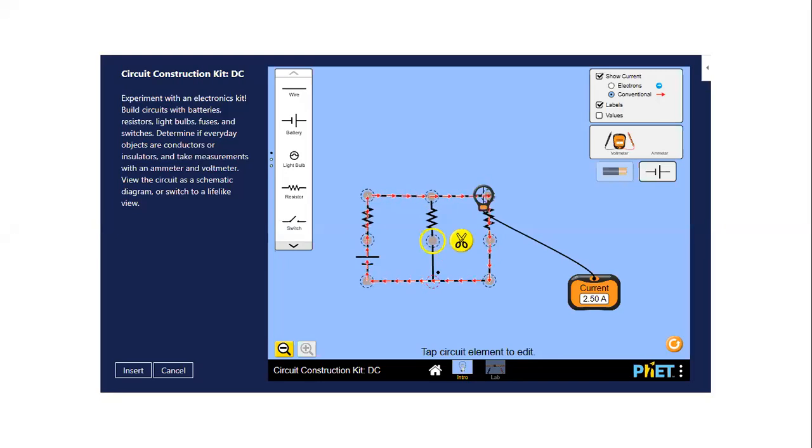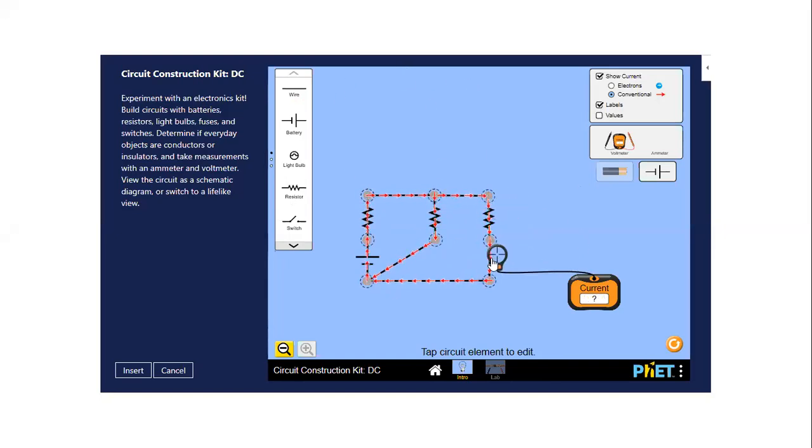Delete it again. Okay, this is fine. There is no wire at this point, I'll connect it over. Now it's okay. I was making a mistake there.